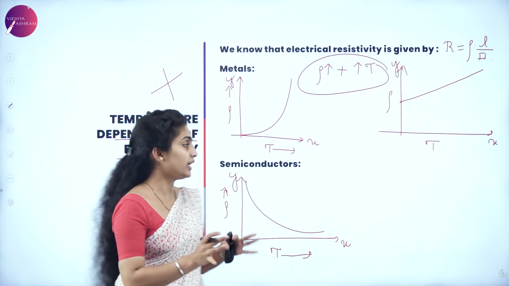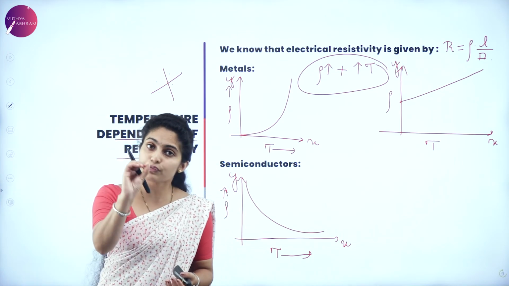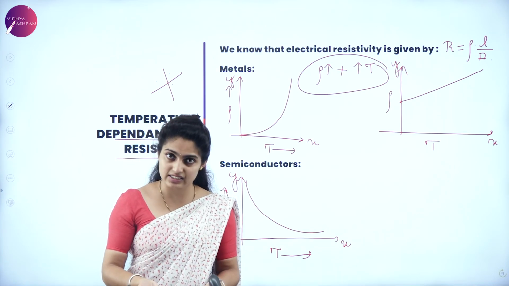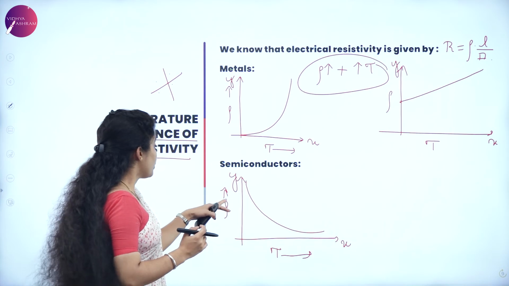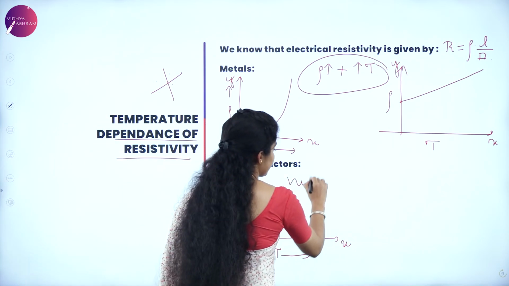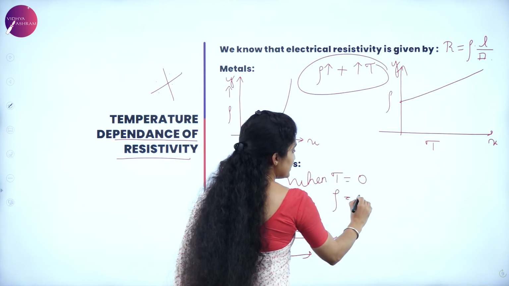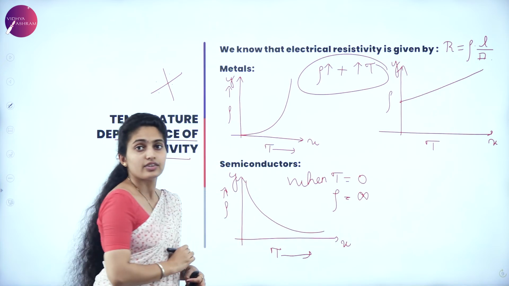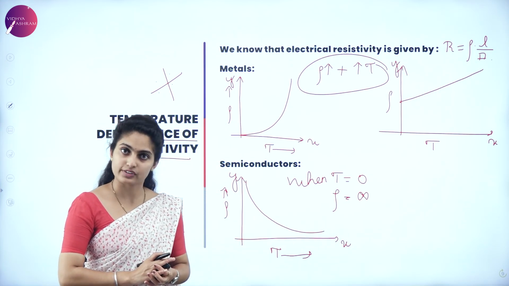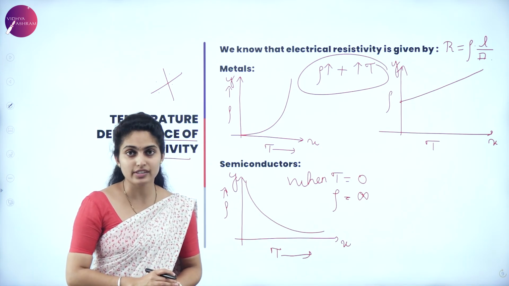So that is all about the temperature dependence of the resistivity. Suppose T is 0, that is very low temperature, then your resistance tends to infinity. When your temperature is completely nil, resistance reaches infinity. More resistance is applied across the circuit. So that is all about the temperature dependence of the resistivity.